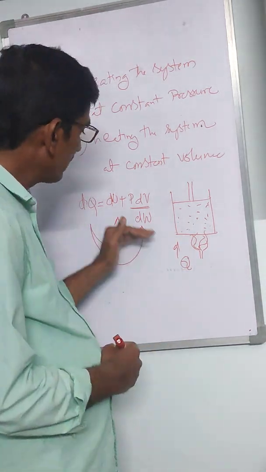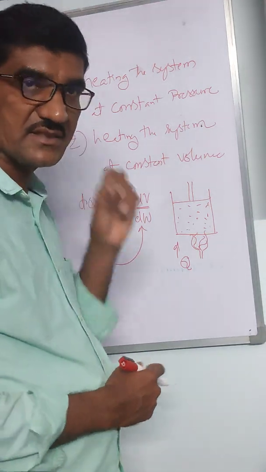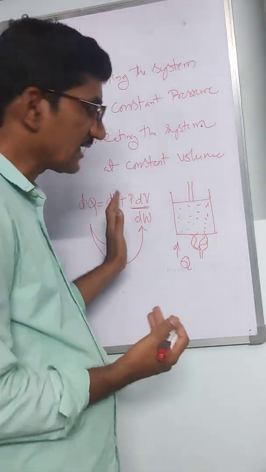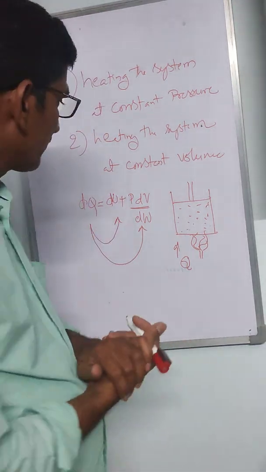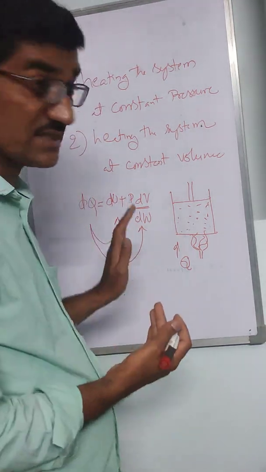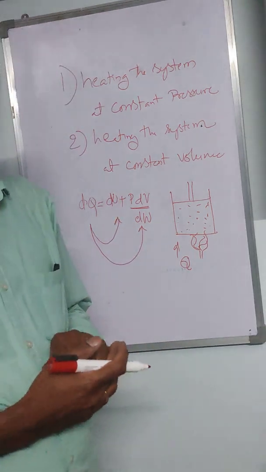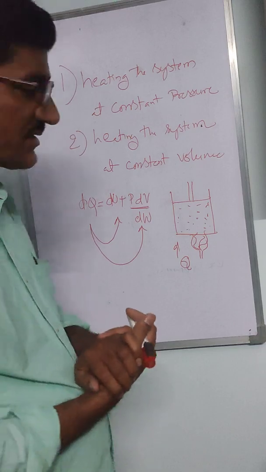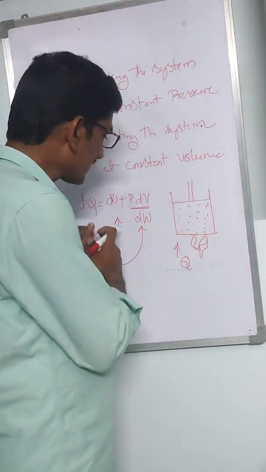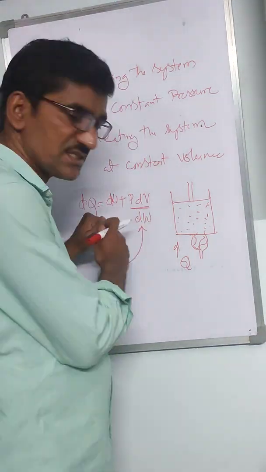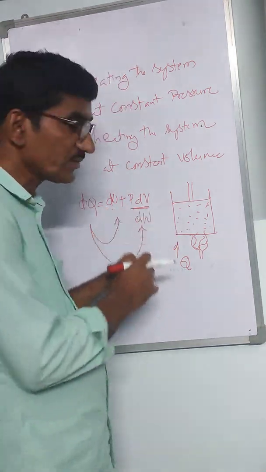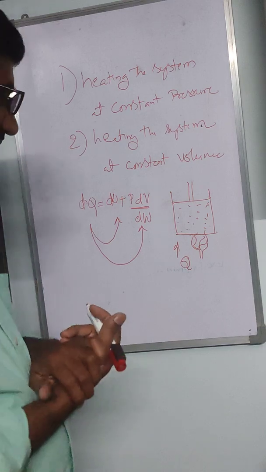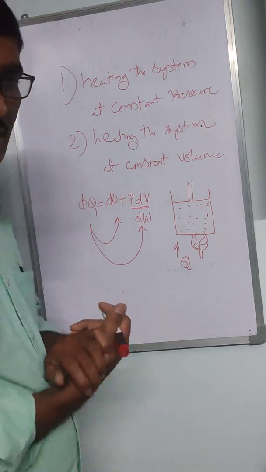What type of external work is possible here? One is the rise in internal energy. Internal energy is directly connected with the temperature, so a rise in internal energy means a rise in the temperature of the gas. That is one possibility. Remember that only a part of the energy goes for this, the rise in the temperature of the system, and part of the heat given by you is also utilized to perform some external work.